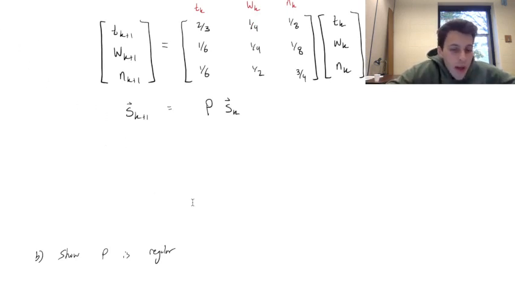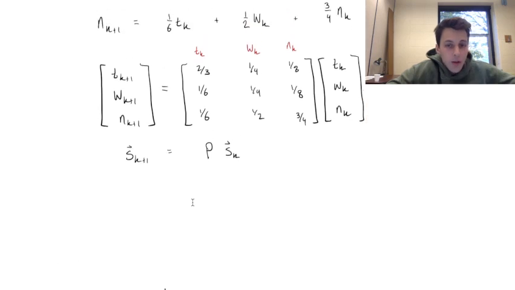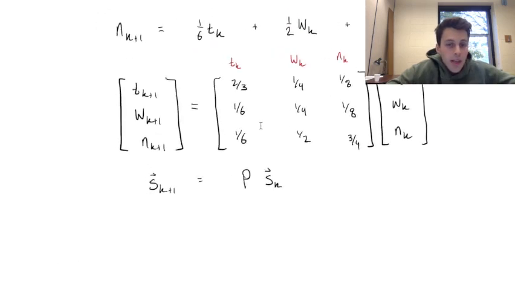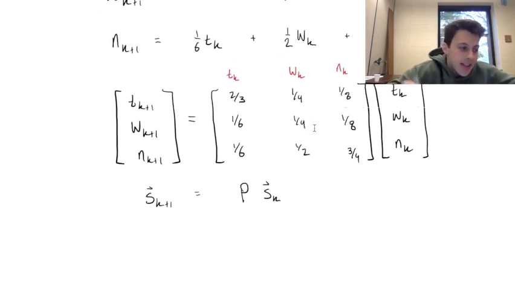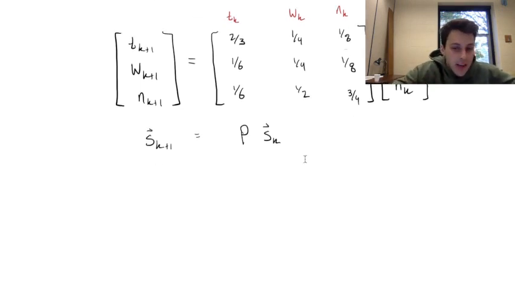So all that showing P is regular means is that we need to verify that the stochastic matrix has all non-zero and positive entries in each of the entries of the matrix. It's very clear without doing any sort of algebra that P is regular. We have all non-zero positive entries.